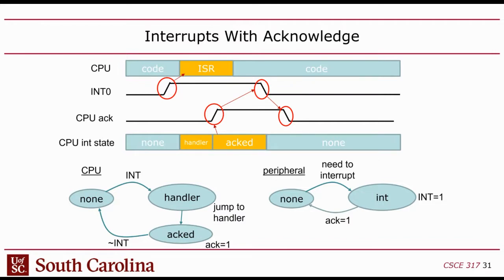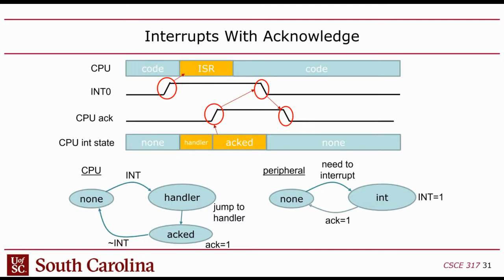After some time has gone by, when the peripheral requests this interrupt, the CPU can decide to go to the handler, at which point it can have this acknowledgement signal come back to the peripheral. That will cause the peripheral to stop requesting the interrupt, because it has acknowledgement that the CPU saw the interrupt and is handling it.